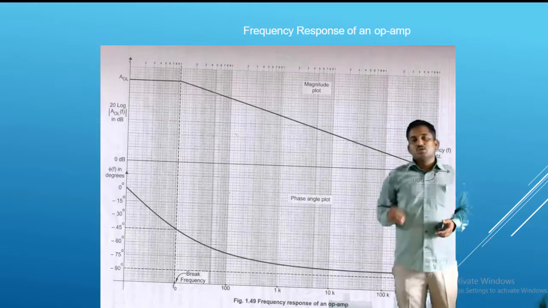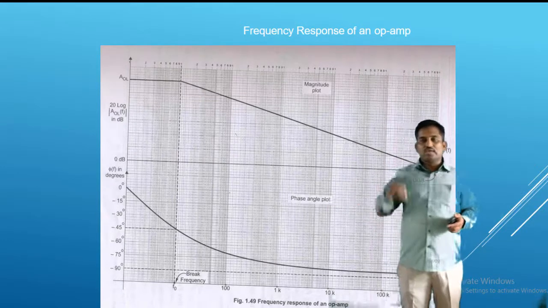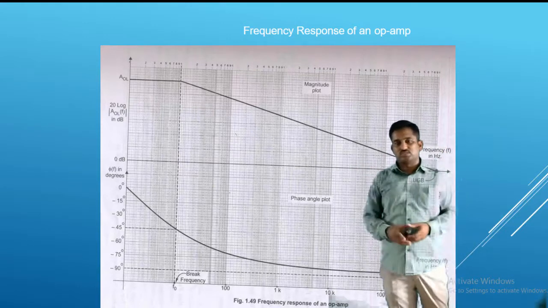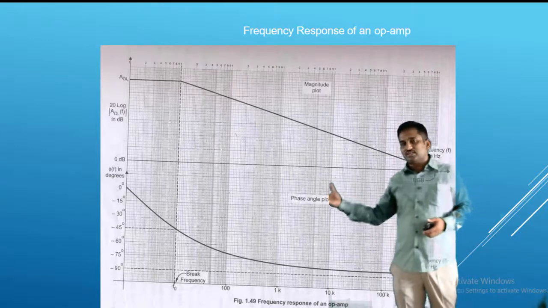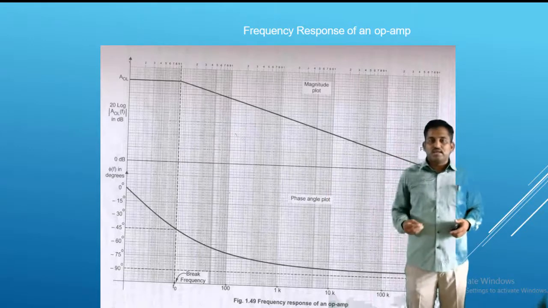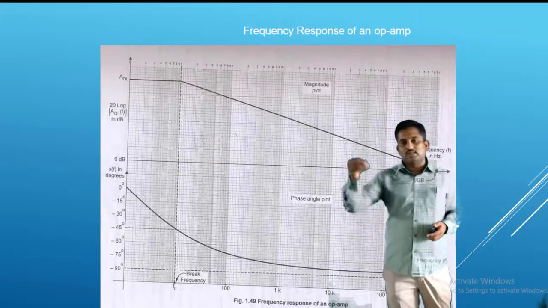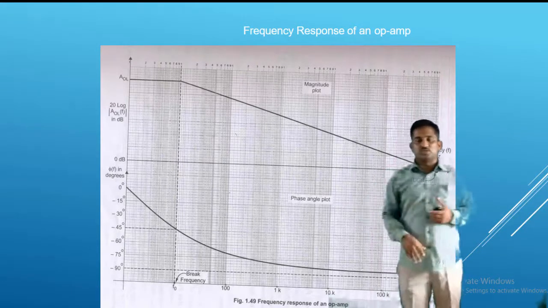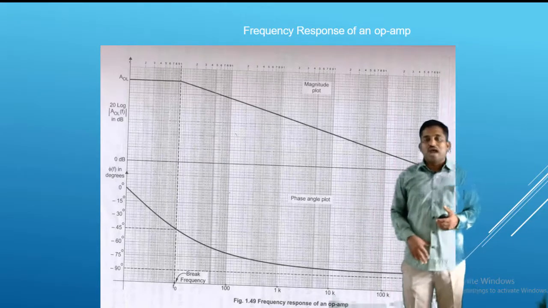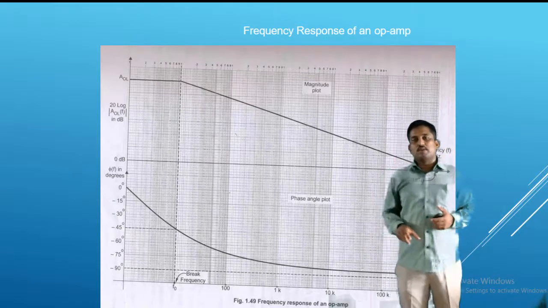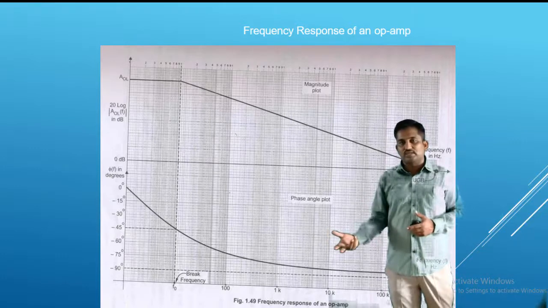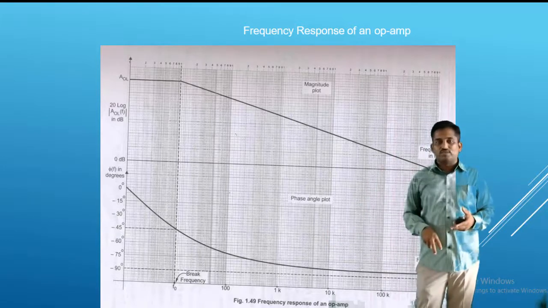So if the system consists of a single break frequency, then the system will definitely be a stable system. If the system consists of more than one corner frequency, that means if the system consists of 3 break frequencies, then the system is obviously an unstable system. So if you want to bring the unstable system into a stable system, then you have to use the frequency compensation technique, whether it may be the external or the internal frequency compensation technique.